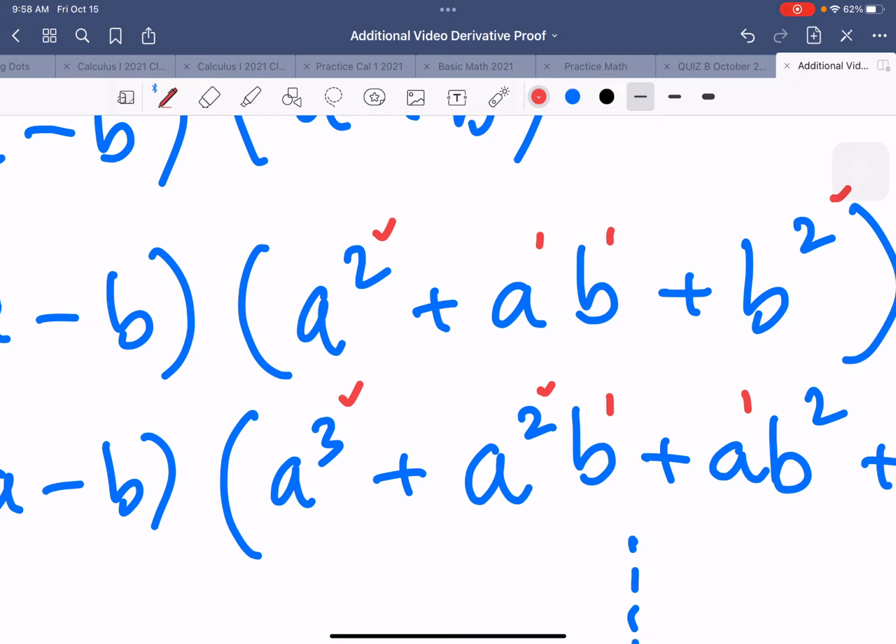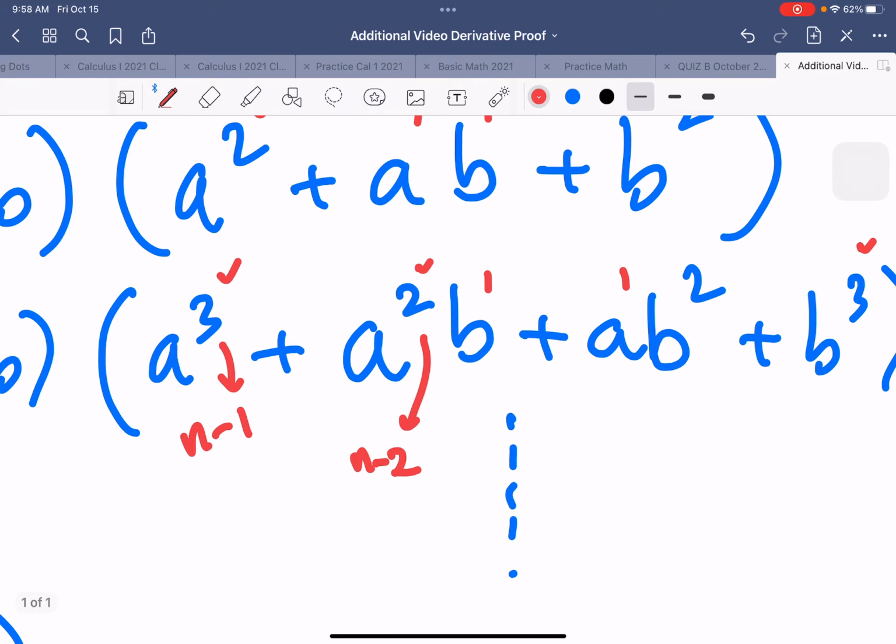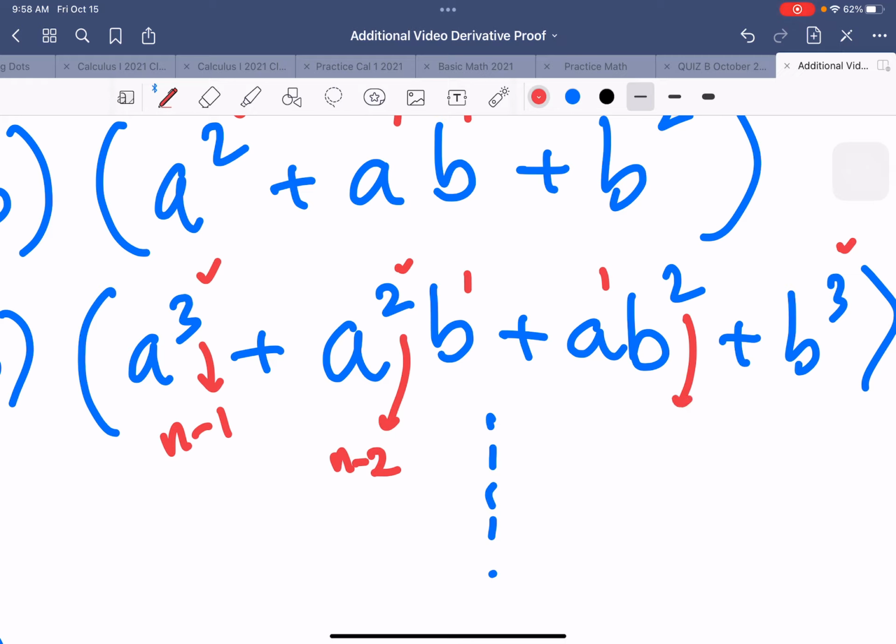If we imagine that this is n minus 1 from this 3 here, this will be n minus 2, and this will be just b. And then if this is n minus 2, this is n minus 1, right?